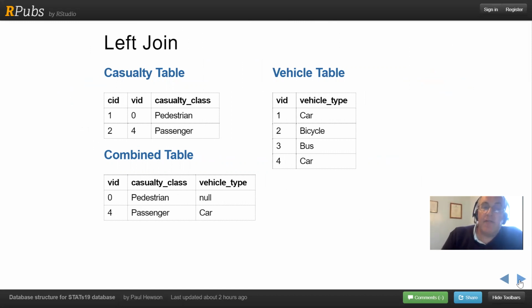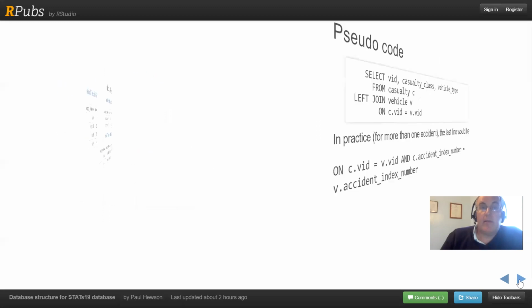So I have one entry that was vehicle ID 0, the pedestrian, and it tells me there was no matching information in the vehicle table. So the left join gives me all the information in the casualty table, and if possible, supplements it with data from the vehicle table if there's a match.